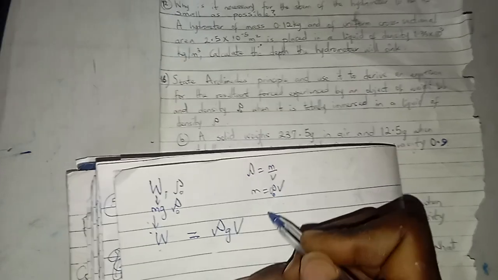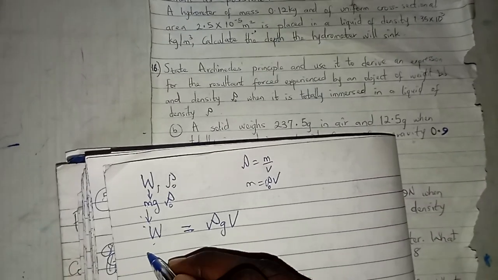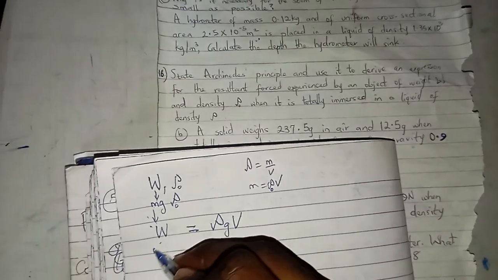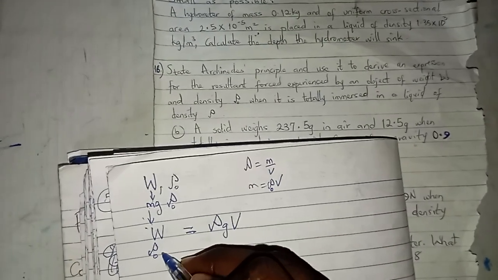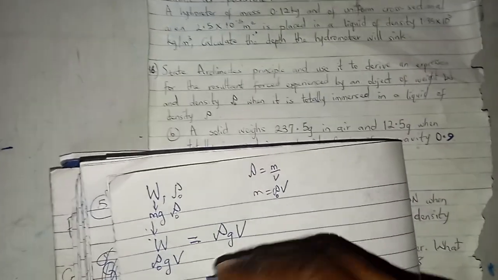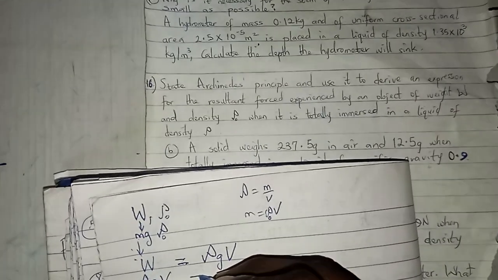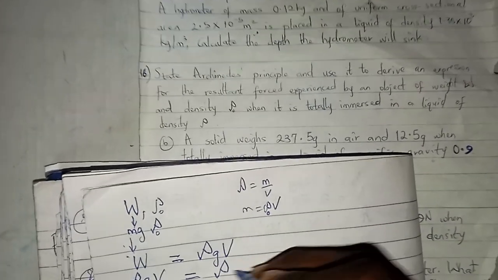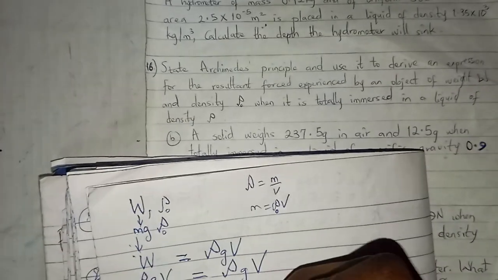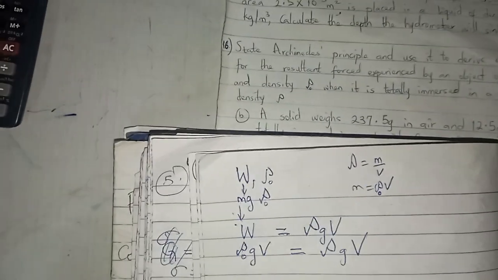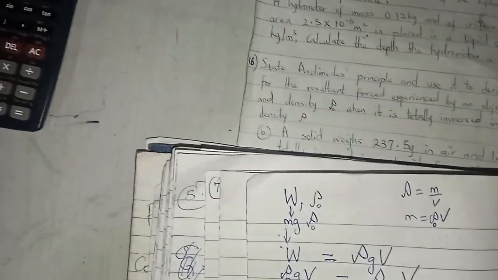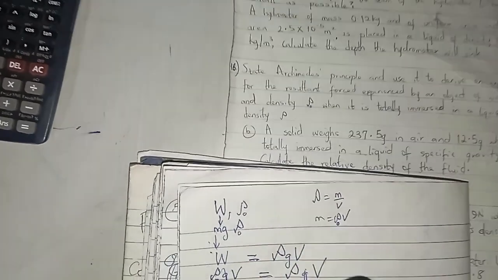This m is having density here, so it's going to be p naught gV is equal to p g V. So this is also valid. There are different formulas you can derive from this, so many. And if that be the case, this can always cancel this.